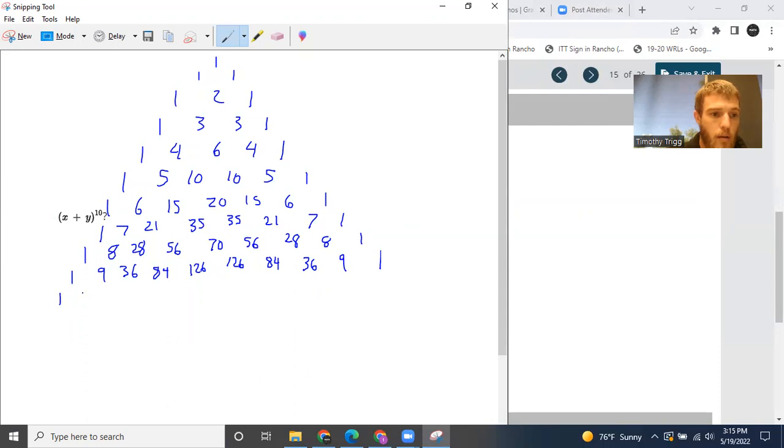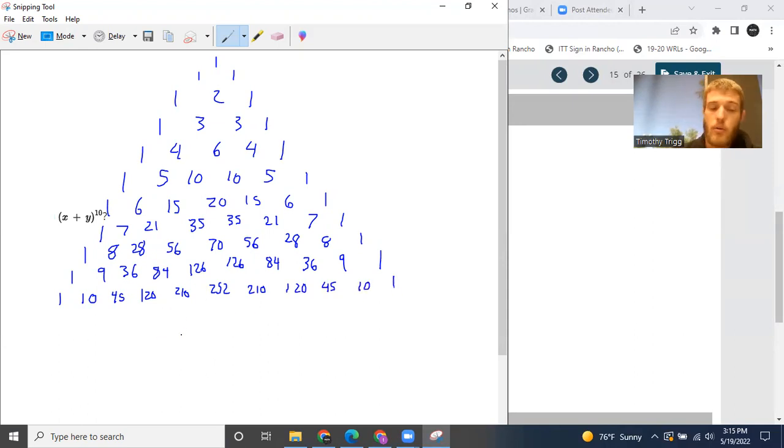Last row, 1, 10, 9 plus 36 is 45, 36 plus 84 is 120, 84 plus 126 is 210, 126 plus 126 is 252, 126 plus 84 again, 210, 120, 45, 10, and 1.